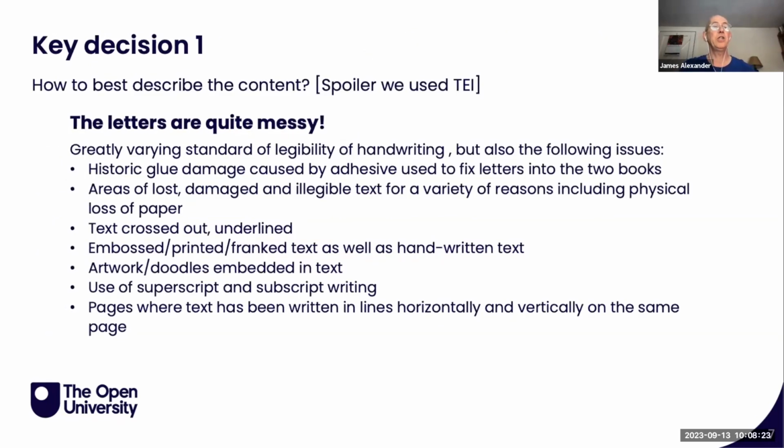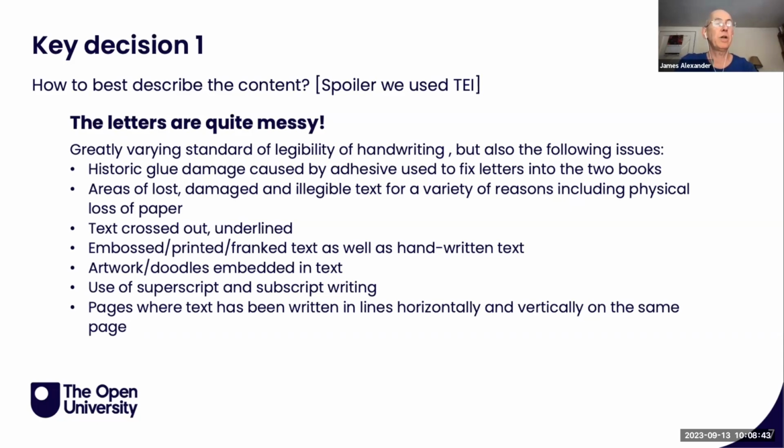The first key decision was how to best describe the content, and obviously we use TEI to describe it. In brief, the letters are quite messy looking. The handwriting varies in legibility quite a lot, but there are also a number of other issues with the text that we wanted to be able to describe.